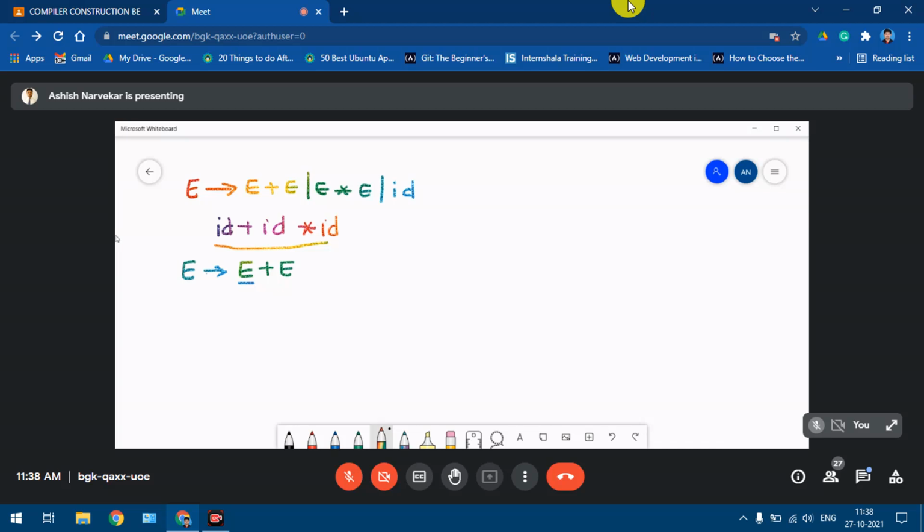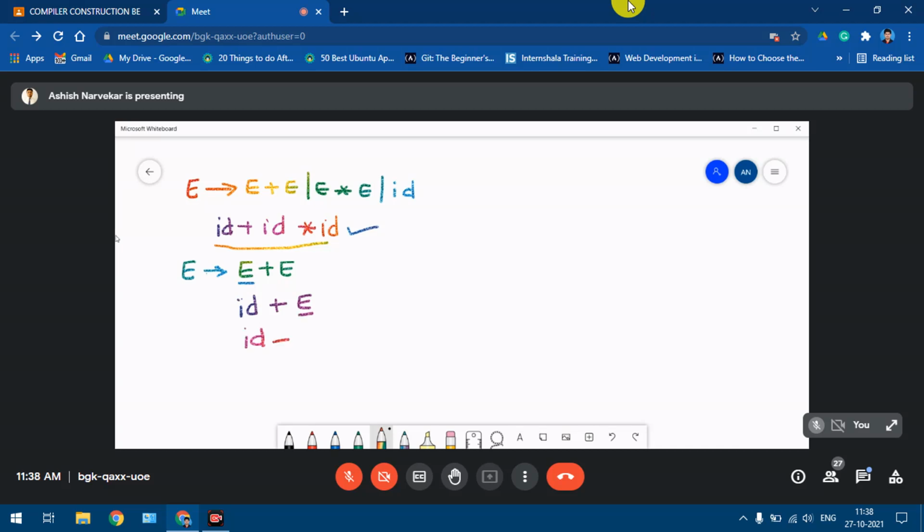What we have to do here is substitute this by some other production such that we get this as the final outcome. So we can replace this by ID, so ID plus E. Next, this is the one which will be replaced by some other production.